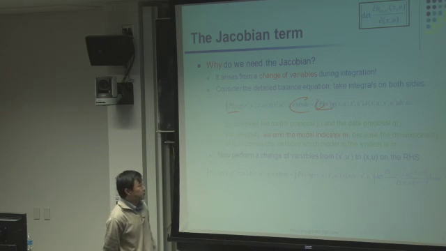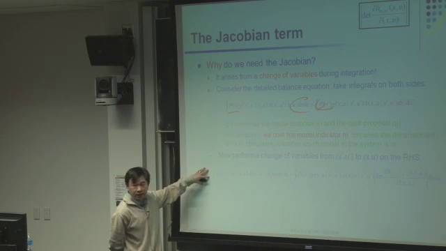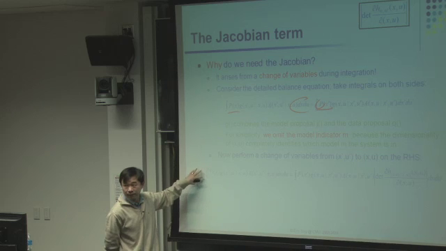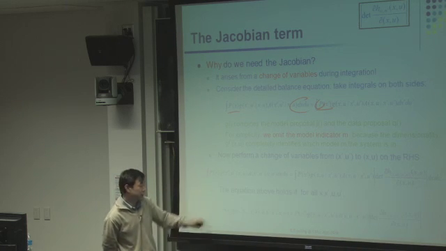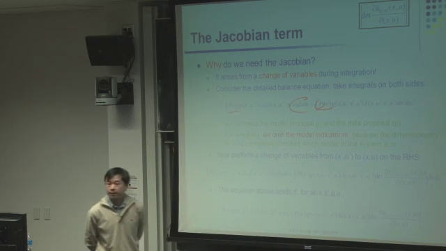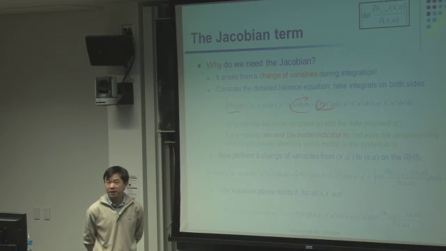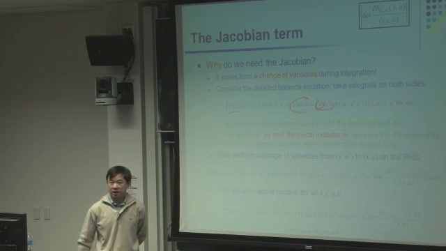By doing that, this integration sign will be gone, and this one is also gone, and then you can write down this equivalence, which actually gives you the justification of the acceptance ratio.